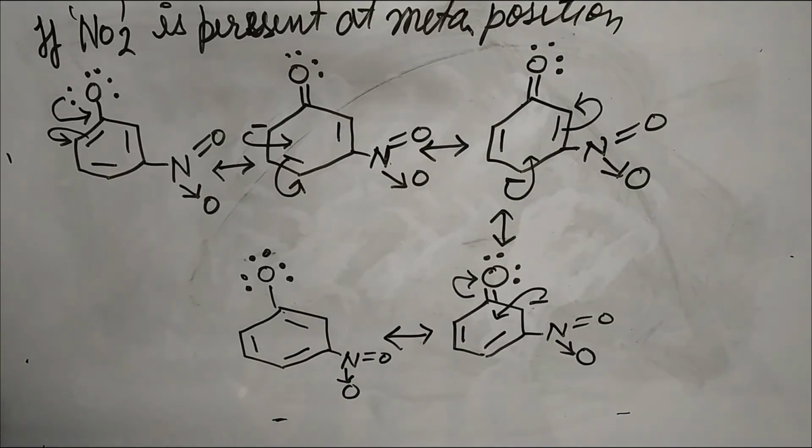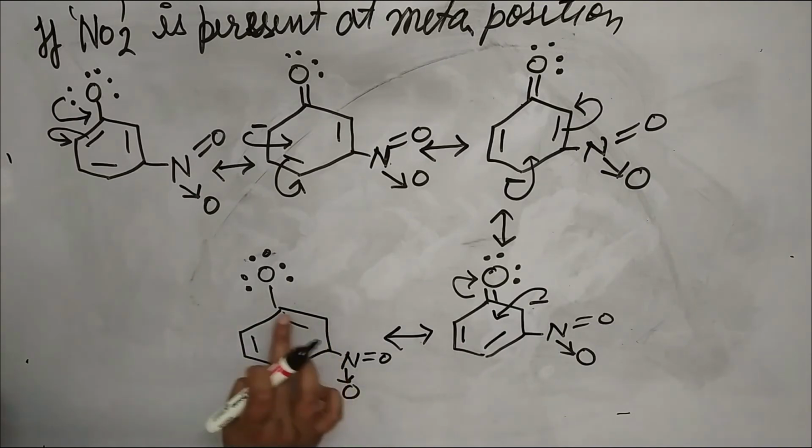So here you can see there is no electronic contribution of nitro group if it is present on the meta position. So here you can see if the nitro group is present on the phenoxide ion, the conjugation of electrons will not extend up to oxygen. So the electrons, they will move inside the benzene ring only.